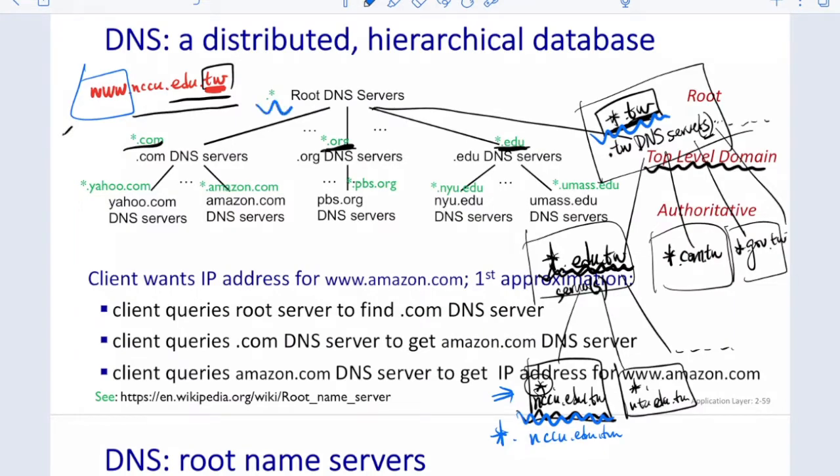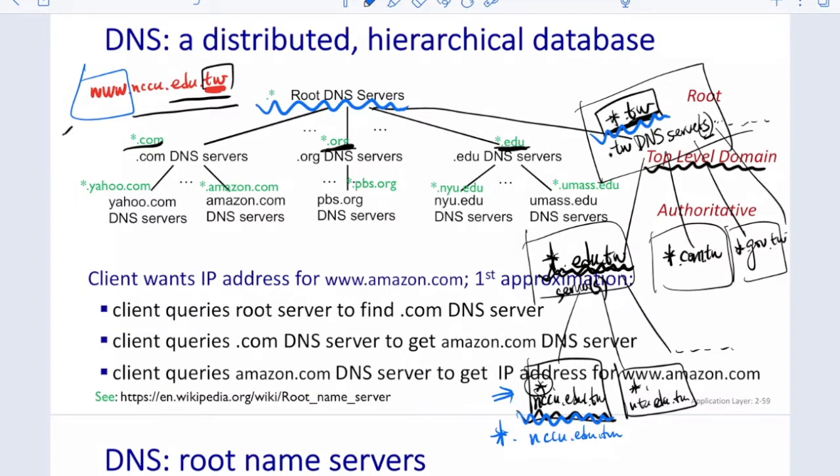However, there's one specific role right here. It's called the root DNS server. Sometimes your operating system does not know where to contact, because there are hundreds of top-level domain servers.